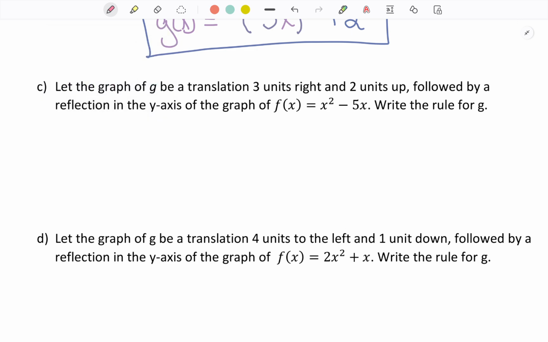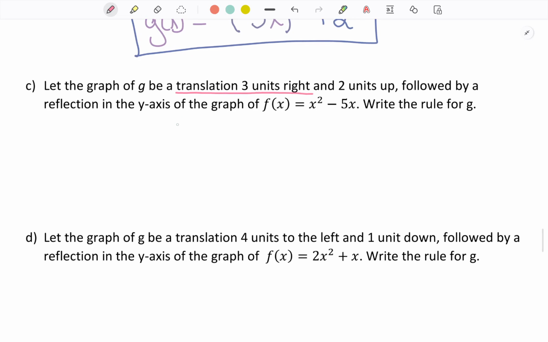So let's go ahead and take care of that translation 3 units right first. So we're starting out with f of x, actually I'm going to bring it over here, f of x equals x squared minus 5x.